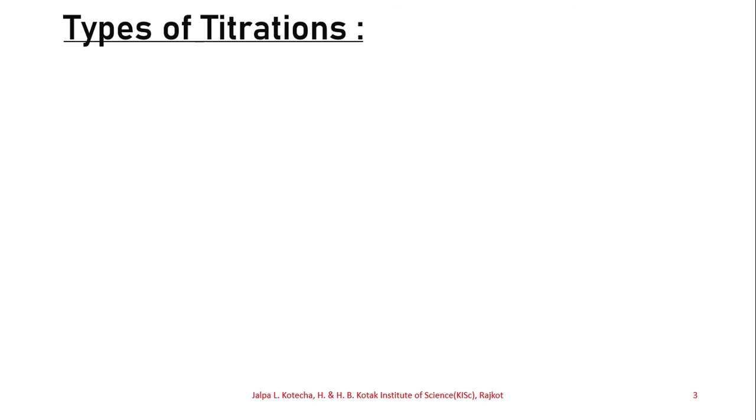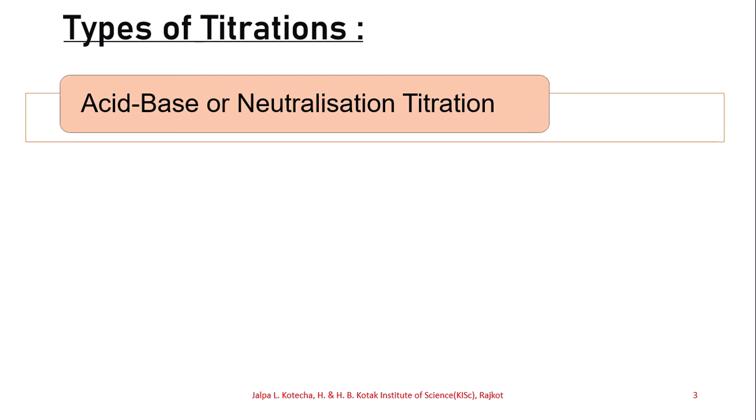Say for example, in case of the first type of titration, acid base or neutralization titration, we take say for example HCl in a conical flask, titrate it with a known concentration of sodium hydroxide solution using an indicator, say phenolphthalein, so that you can determine the concentration of an unknown acid, HCl or acetic, whatever acid you have taken in a conical flask. This is the basis of the titration.